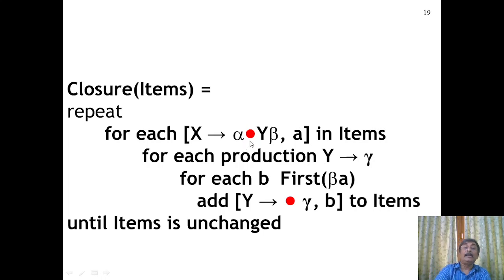After all, everything will be reduced to y. Then beta will be remaining there. So what is the first symbol that you can see in beta? What is the first terminal symbol that you can see from beta a? That is the question, right? So this is the closure. Adding the second symbol is tricky, and adding the second symbol is adding from here, not from here. This is the most crucial thing that you need to understand, right? Okay.